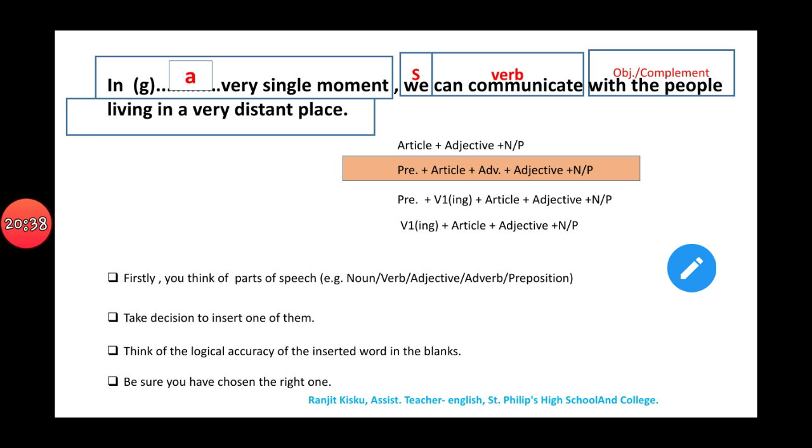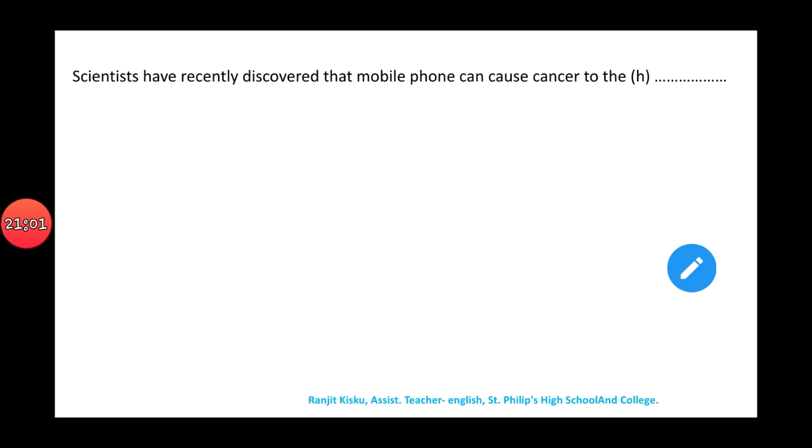Okay, let's go on. Must be careful while using. If you do so, you will be able to solve different kinds of problems. It will increase your capability of filling in the gaps skills. Okay, let's move on. Then our one more sentence: Scientists have recently discovered that mobile phone can cause cancer to the dash.